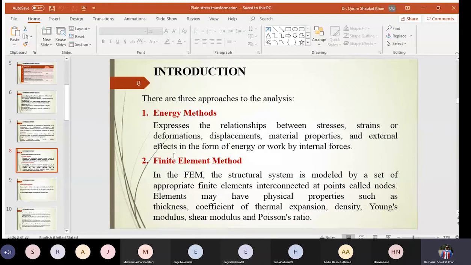When you are doing this manual calculation, solving the units manually, you don't solve all the units. You just take the one unit which is the true representative of the element, and then you solve that one unit theoretically to get the stresses and the strains.